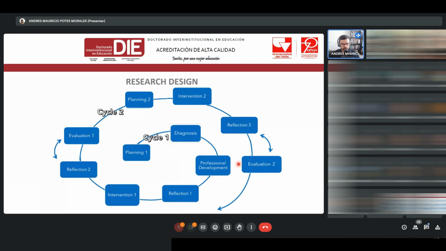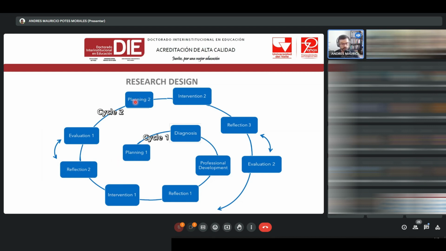So here are the two cycles I propose for this research. The components in these two cycles are planning, which involves two planning components in the whole study. In the first one, it includes the design and the piloting of the instruments.